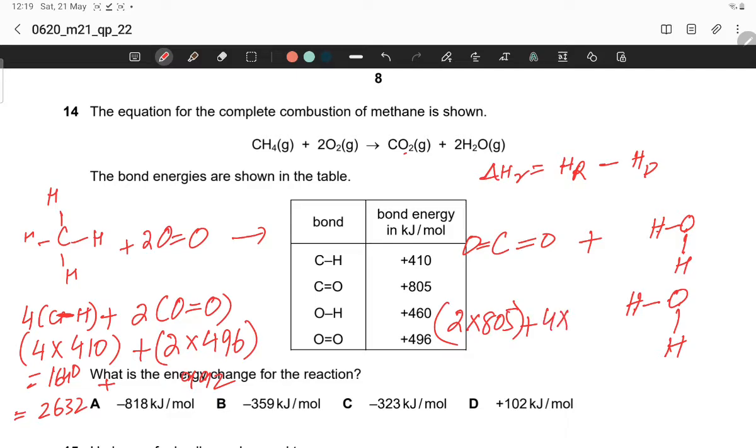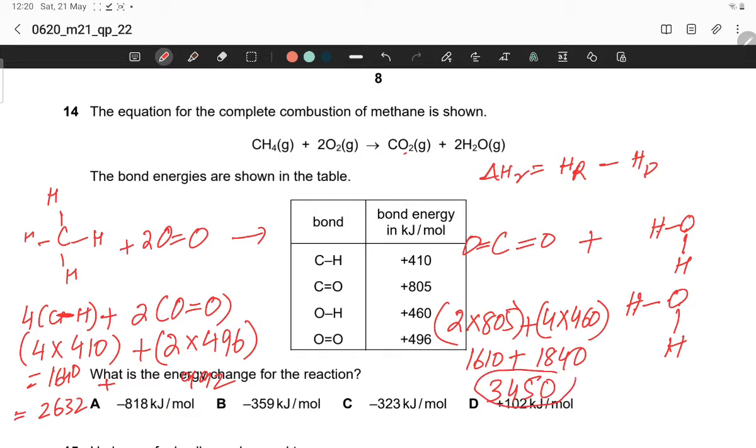So 4 into O-H bond is 460. 2 into 805 is equal to 1610 plus 4 into 460 is equal to 1840. 1840 plus 1610 is equal to 3450.